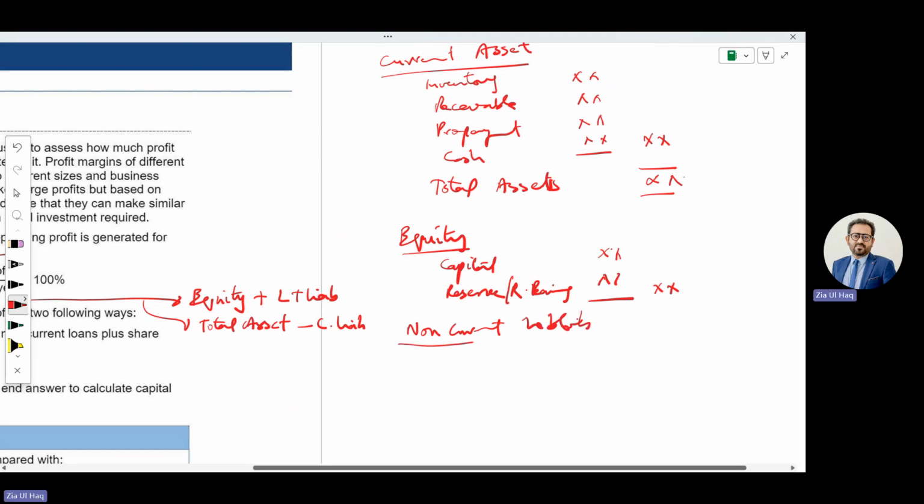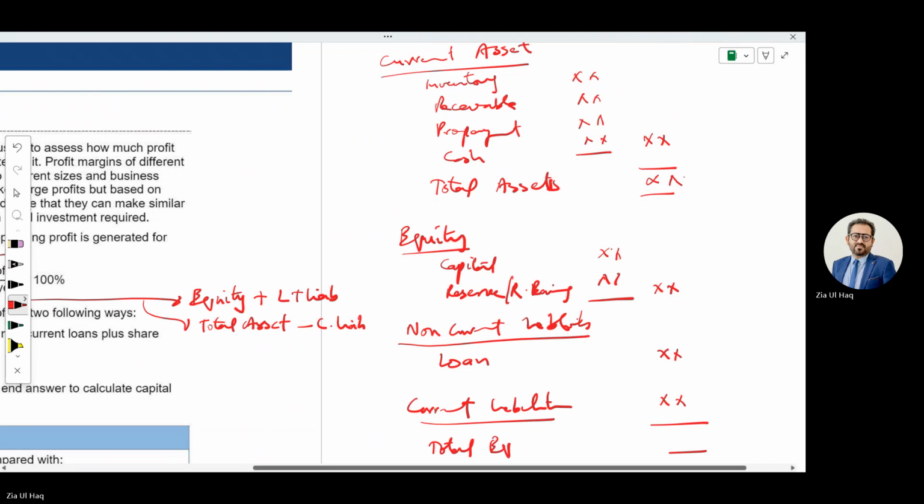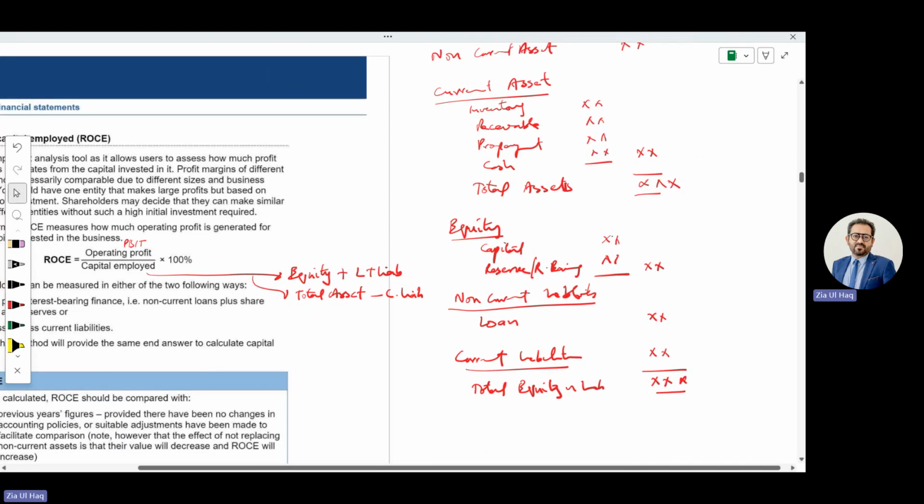What are non-current liabilities? Like a loan, etc. And then we need to record current liabilities like payables and bank overdraft. So total equity and liabilities, and these two amounts should be equal to each other. So what is capital employed? Capital employed is equity plus long-term liabilities.